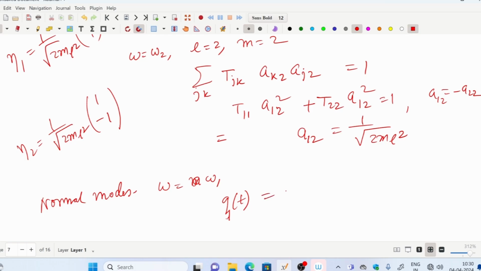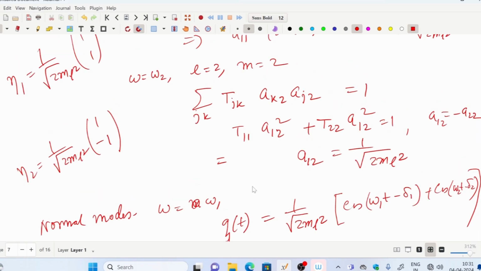So this is 1 over root 2 m L square, and then you will have cos(omega 1 t minus delta 1) plus cos(omega 2 t minus delta 2). Remember, in the first eigenvector we have 1 and 1, so that is why there is a plus sign.